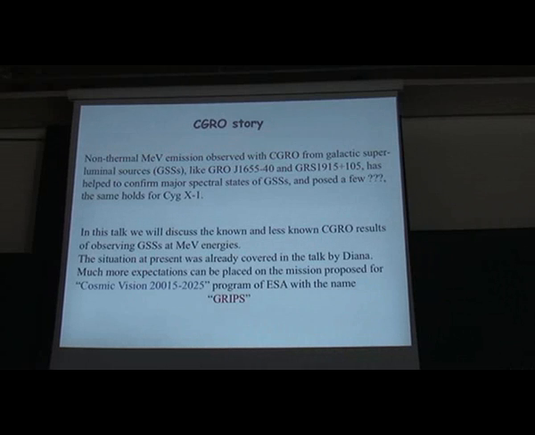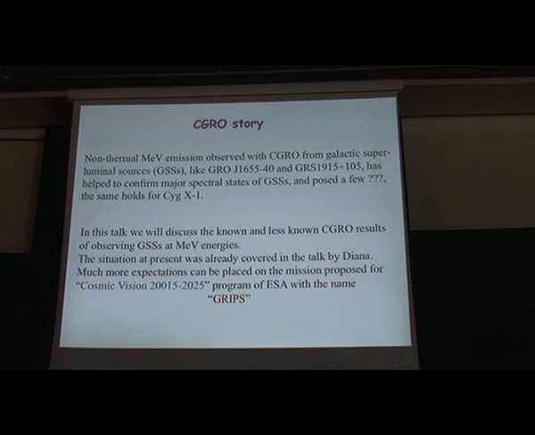Basically, only a few sources were observed with the Compton Gamma Ray Observatory, and among those were of course famous superluminal objects like GRO 1655 and GRS 1915, and certainly a lot of observations were dedicated to Cygnus X-1, which was one of the brightest X-ray sources in the energy range of the instruments on board the Compton Observatory.